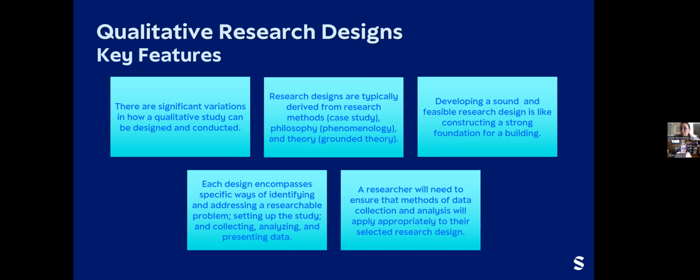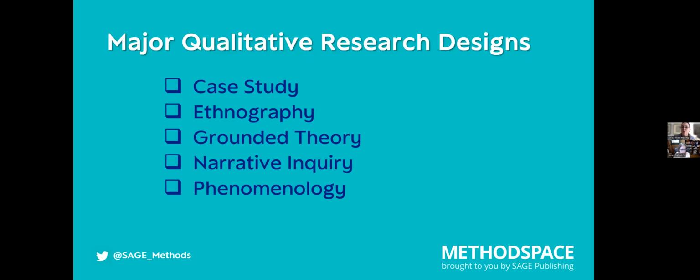In other words, the problem, the purpose, the research questions, and the research design all need to fit together and be well aligned in order for the study to be feasible and viable. There are essentially 5 major qualitative research designs, and these are case study, ethnography, grounded theory, narrative inquiry, and phenomenology.